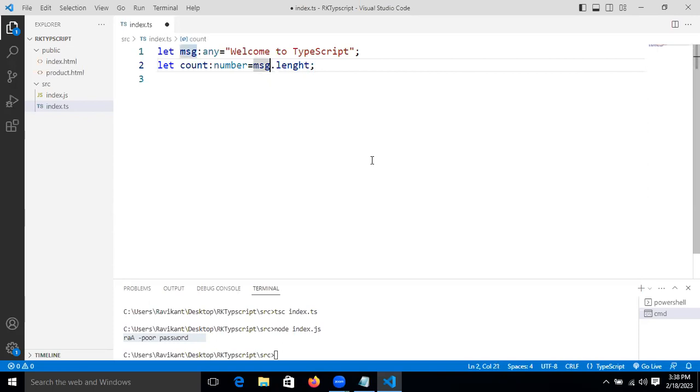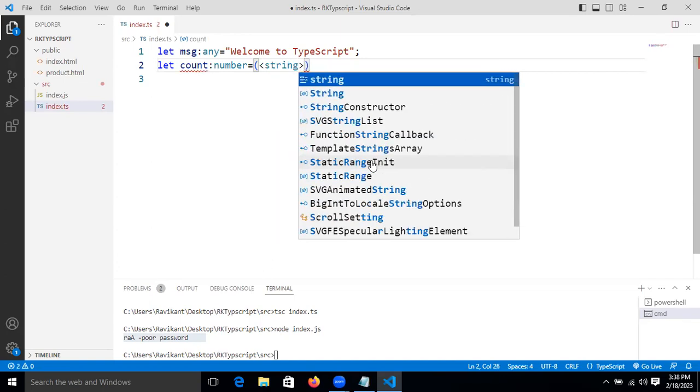We will typecast. Let's write like this: open curly bracket, open bracket and a close bracket. Inside that we will use an angle bracket and take string.